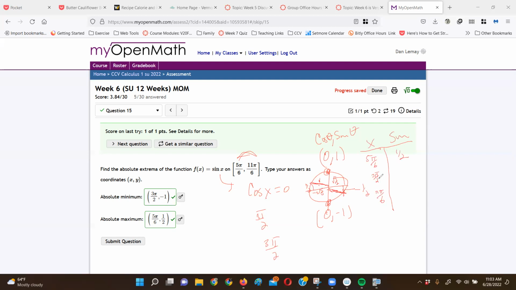We know the sine of 3 pi over 2 is -1. We know the sine of 11 pi over 6 is -1/2. So notice that the maximum is happening at 5 pi over 6, and it's 1/2. And the minimum is happening at 3 pi over 2, and that's -1. Okay, that helps.